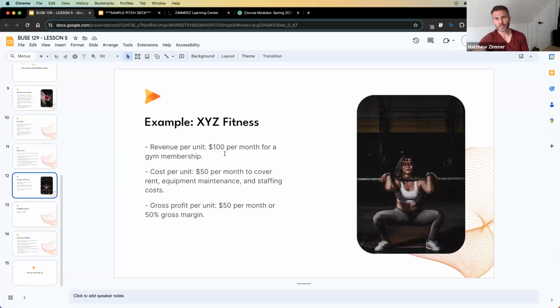The costs, as you can imagine, when I do a rental agreement with my landlord and my equipment, those companies aren't going to give me a cost that says, hey, we'll charge you $50 per member that you're able to get, right?